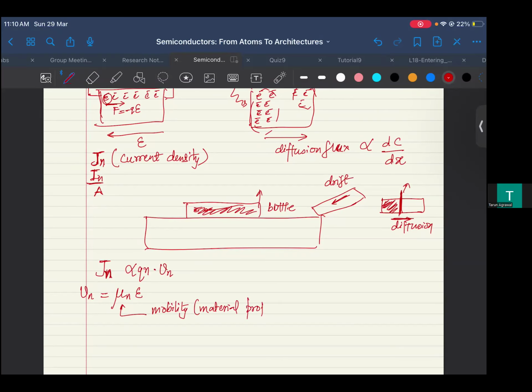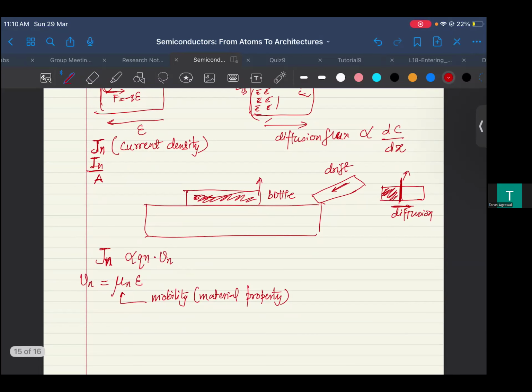There's no external influence. You may change it with external influence, but it comes from the inherent material property. So you are applying an electric field. There is a proportionality constant, which we call mobility, which decides the velocity of the electrons. So that means your current is mu E, right?